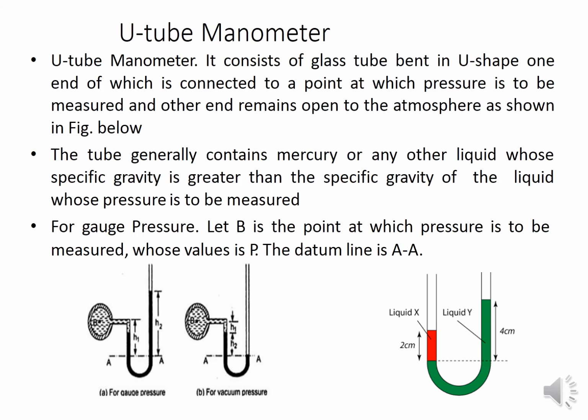So U-tube manometer consists of a glass tube bent in U shape, one end of which is connected to a point at which pressure is to be measured, and the other end remains open to the atmosphere, shown in the figure.